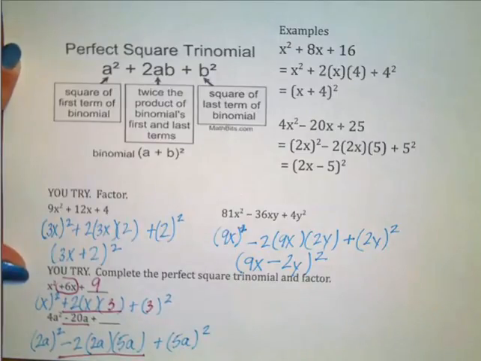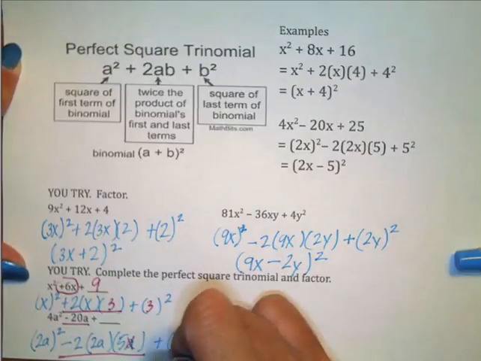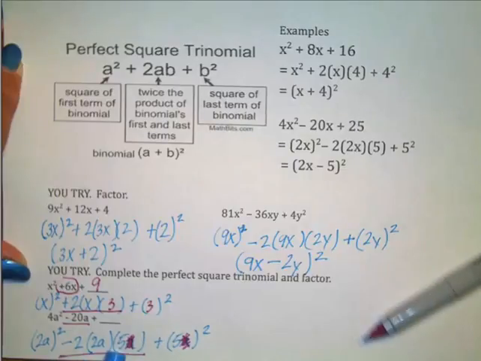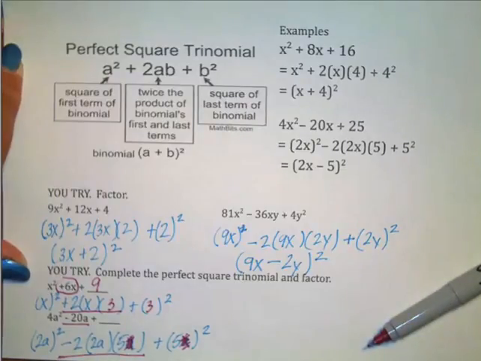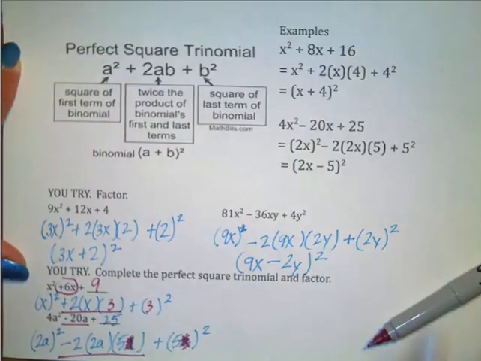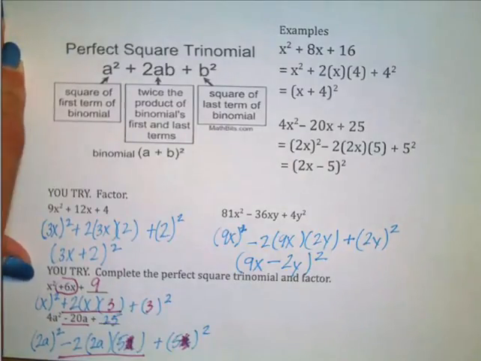Oops, a times a is a squared. I don't have an a squared here. Oops, no a. So now 2 times 2 is 4, times 5 is 20a. Okay. So 5 squared is 25. If you have any questions, don't hesitate to ask. Good luck.